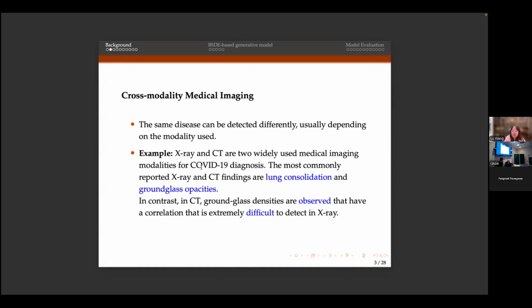This is critical in diagnosing COVID-19, but much harder to observe in X-ray. That is why we need to do this, because if we can use the findings in CT, we can observe this more conveniently. So this highlights the necessity of integrating information from multiple modalities for better diagnosis.